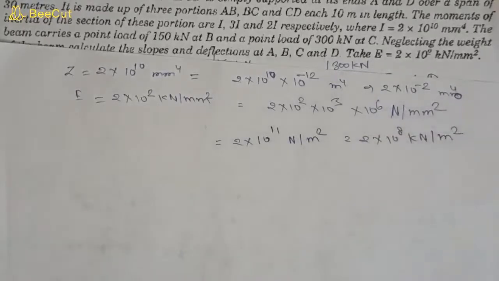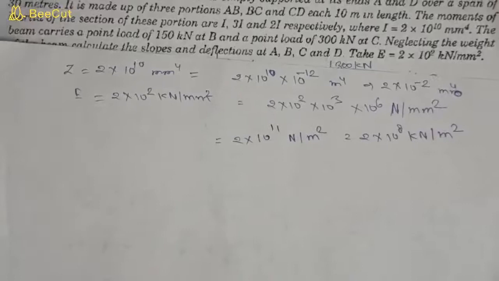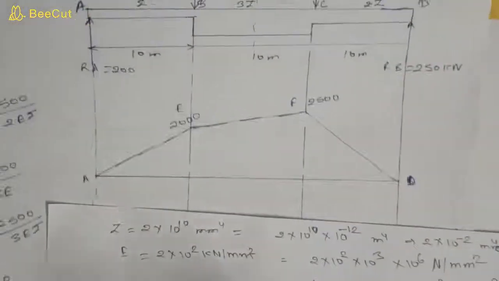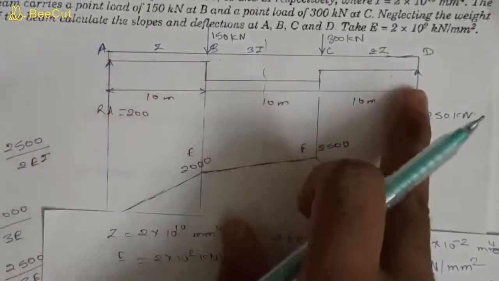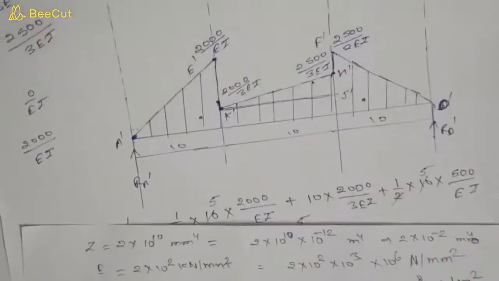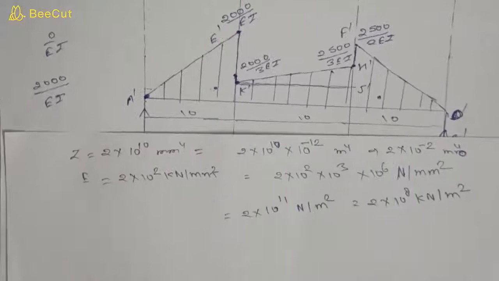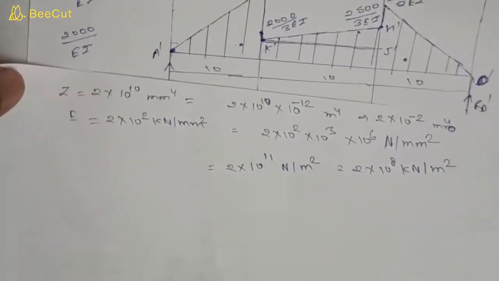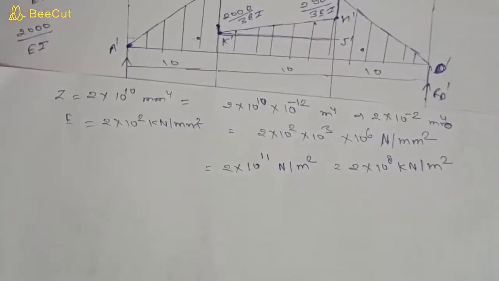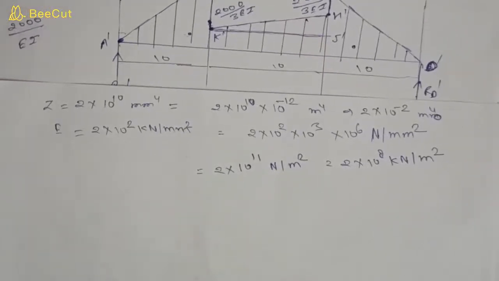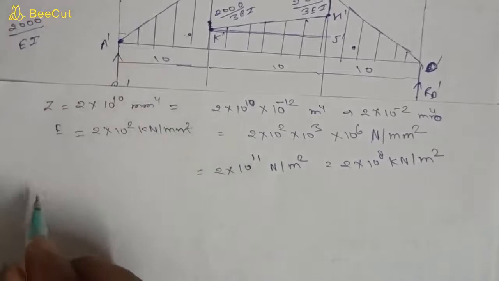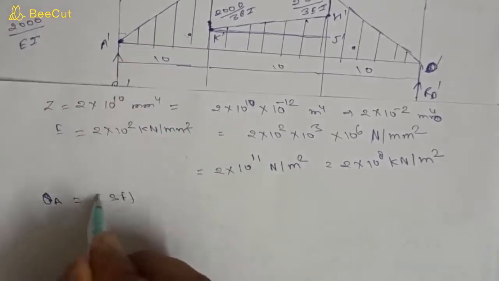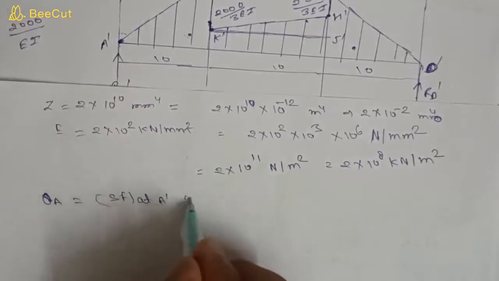Okay, now slope, we have to find slope at A, B, C, D. So we have to find slope here, here, here and here at these 4 points. So we will calculate the shear forces at these 4 points. So shear force at A dash will be equal to theta A, which will be shear force at A dash of conjugate beam.